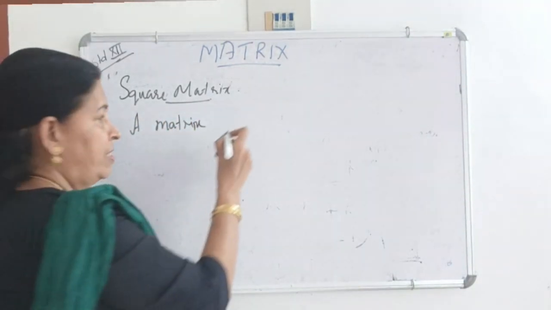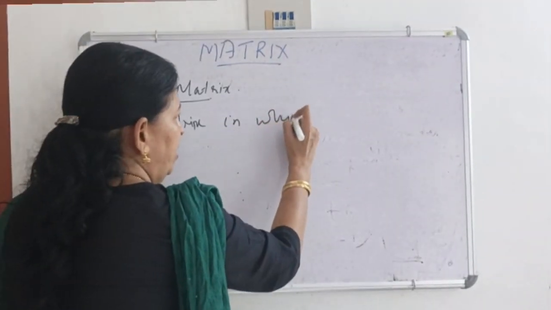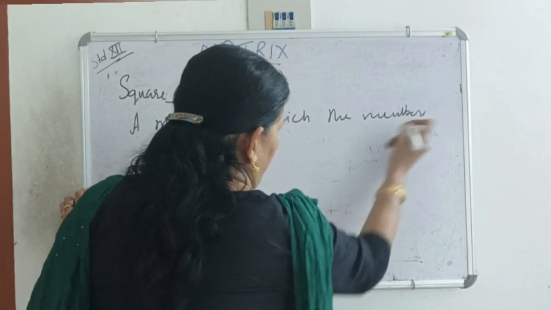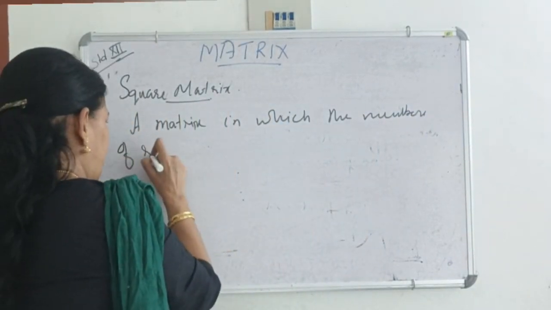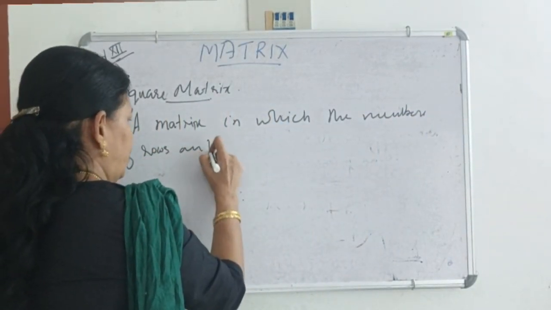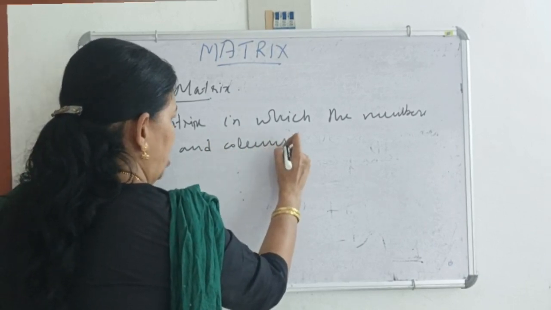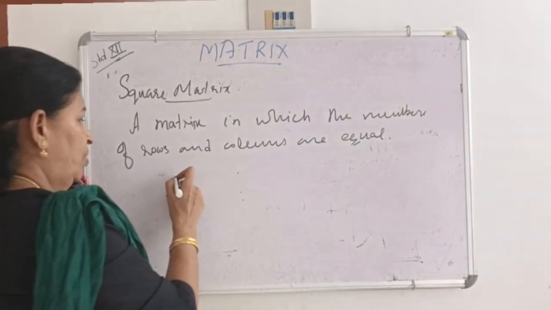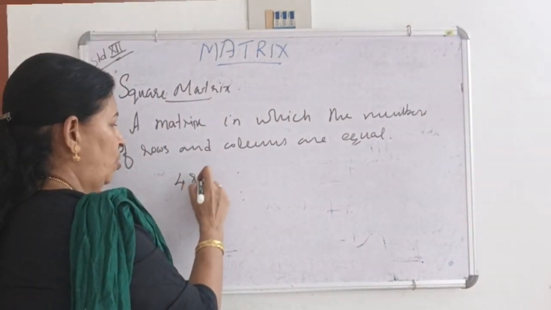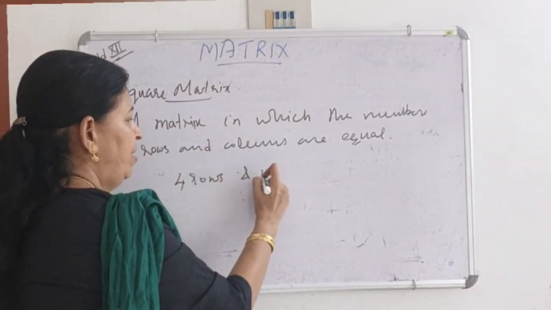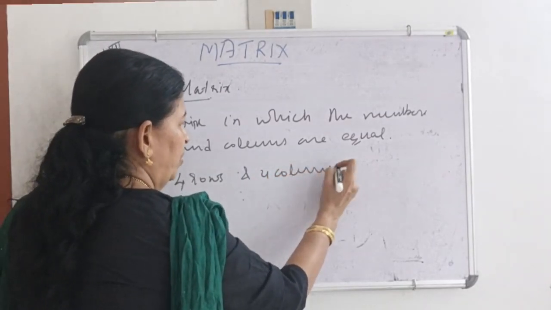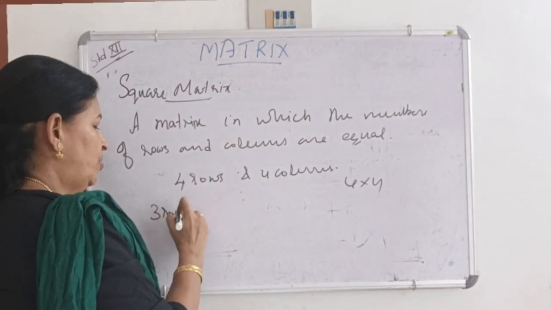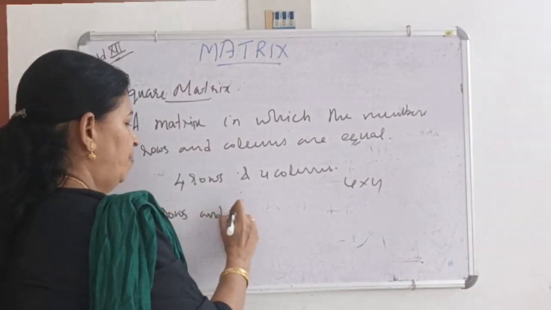A matrix in which the number of rows and columns are equal. That is, 4 rows and 4 columns, order is 4 by 4. 3 rows and 3 columns.